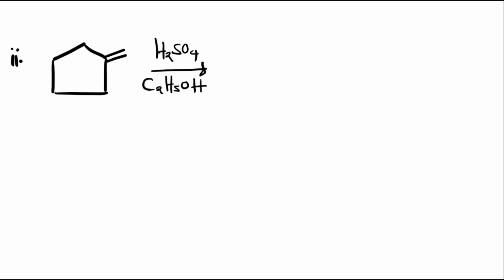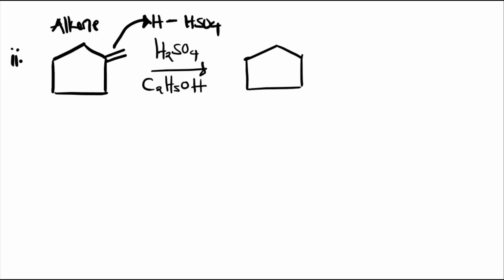So first of all, this is an alkene. When you're reacting an alkene with an acid, there's always going to be deprotonation of the acid. This acid is a proton donor, so it will readily donate this hydrogen to the alkene, and that will form this intermediate. The hydrogen will form here, and then the carbocation will be here.